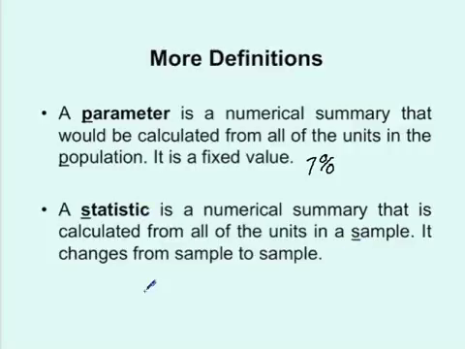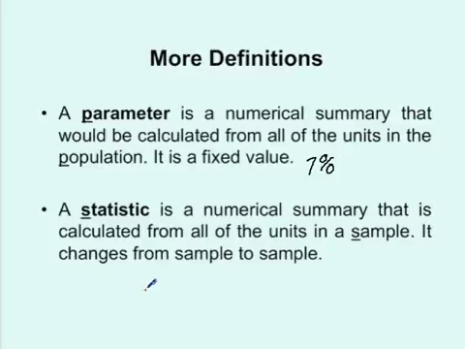Now notice that the title of this course is Elementary Statistics, not Elementary Parameters, okay? One of the things that you're trying to do in this course is find good methodologies for estimating parameters, okay? That's the whole job of a statistic. Its purpose in life is to estimate a parameter. Now, when you take a good sample, and you get a good estimate of that parameter, you didn't actually nail it.